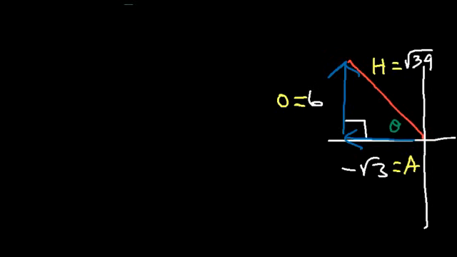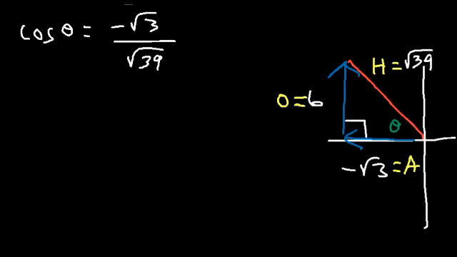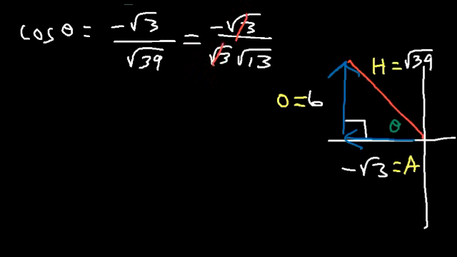So now let's solve cosine. So cosine theta is adjacent, which is negative root 3 divided by the hypotenuse side, which is root 39. And at this point, we can reduce it. Root 39 is basically root 3 times root 13. So these two cancel.